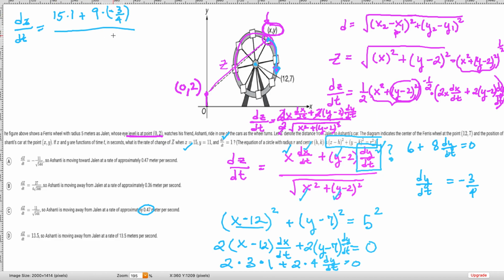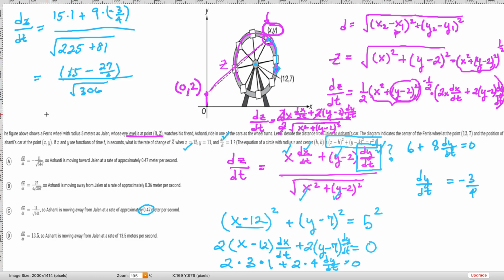over the square root of 15 squared is 225, plus 9 squared is 81. And you'd get the square root of 306. 15 plus whatever this is, I mean, take your time, minus 27 over 4.